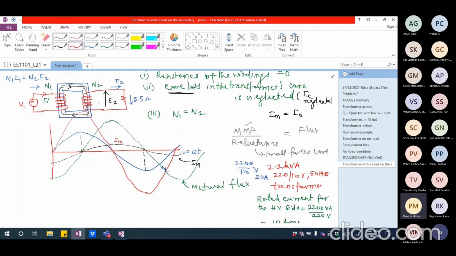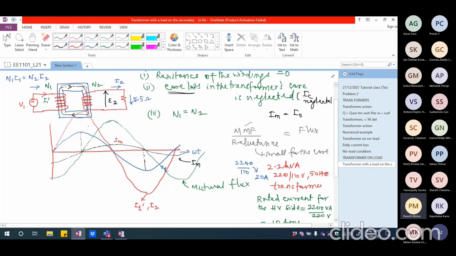But all I'm trying to get at is that this current, which is the load current, I1 dash or I2, is going to be pretty large as compared to the magnitude of the magnetizing current. Okay. So I have I1 and I1 dash as well as I2, both of them pretty largish as compared to IM.